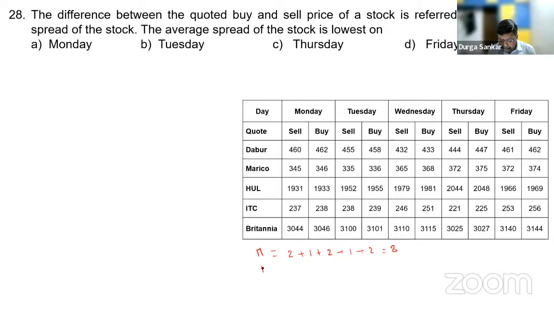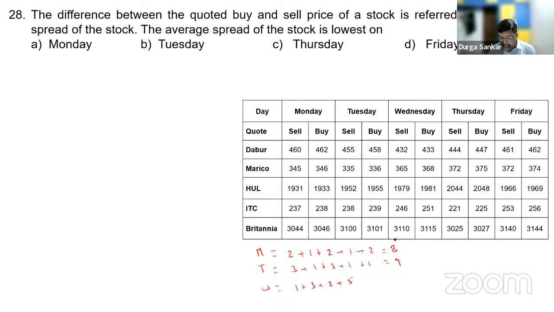Next, Tuesday. Tuesday is 3 plus 1 plus 3 plus 1 plus 1. This is 9. Wednesday, it is 1 plus 3 plus 2 plus 5. I'll stop here itself because it is more than 8.